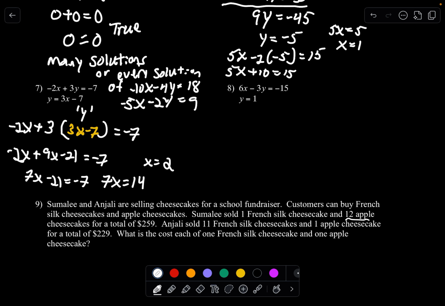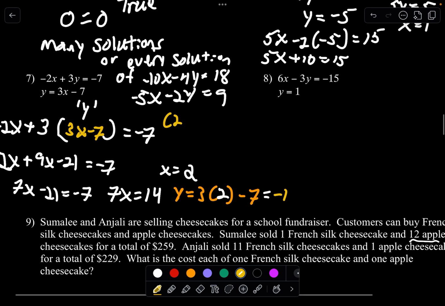Now that we got x equals 2, we can just plug it into the bottom equation. y equals 3 times x minus 7, and x we got to be 2. So 6 minus 7, 3 times 2 is 6, minus 7 is -1. So the solution for number 7 is 2 comma -1.